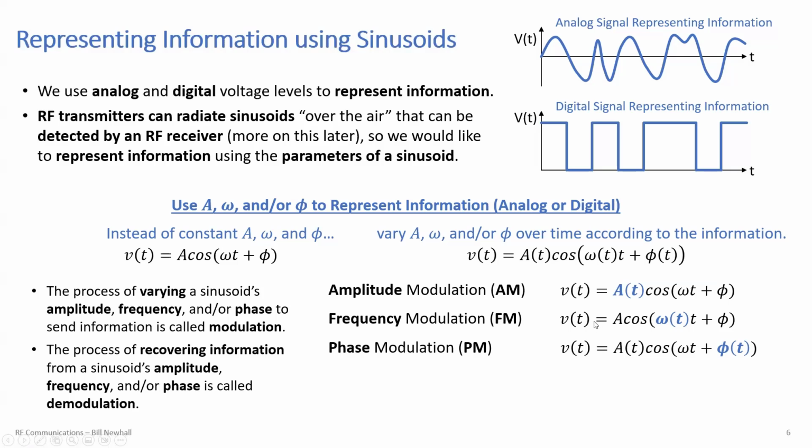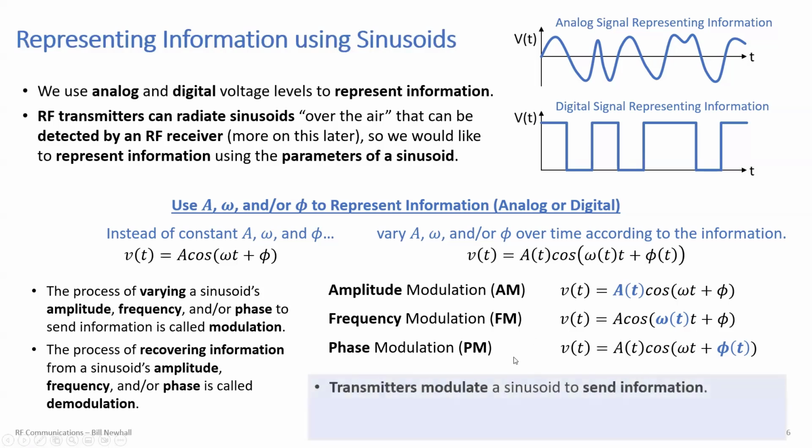You can use FM, but when you get a very low signal to noise ratio at the receiver, you tend to get nothing. There's a threshold effect where you get very bad quality of sound if you don't have a strong enough signal. And phase modulation is often used in digital systems. In fact, you can use phase modulation and amplitude modulation at the same time to fit a higher bit rate into a modulated signal.